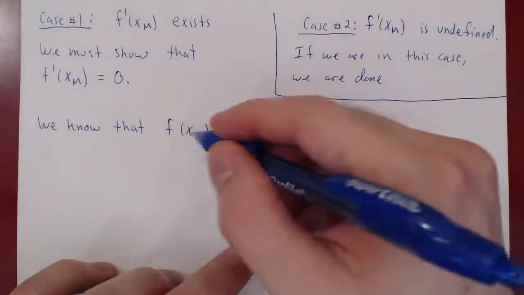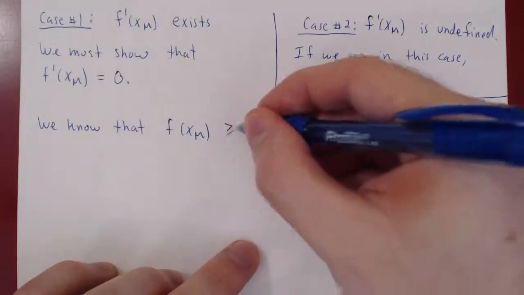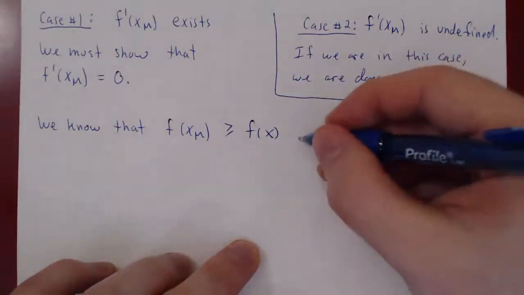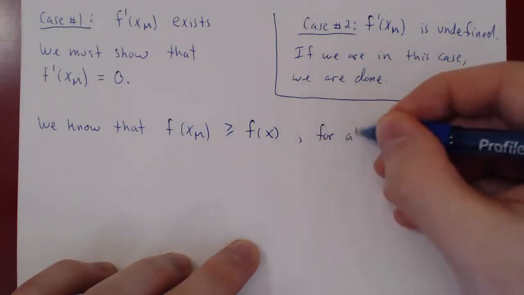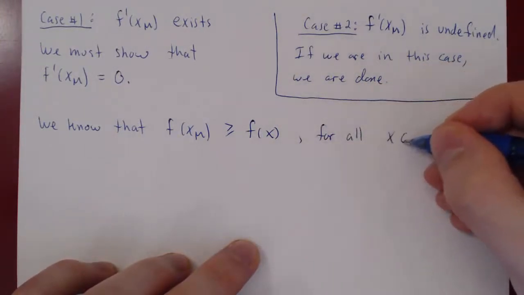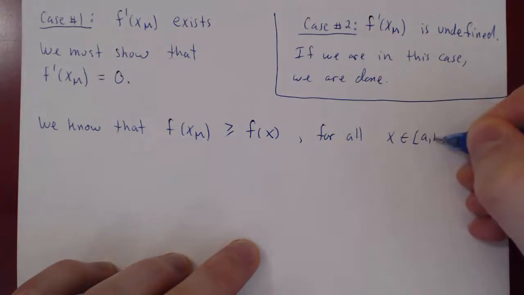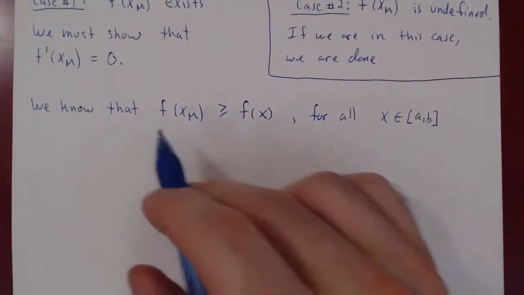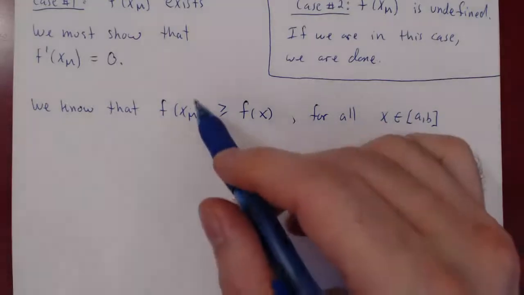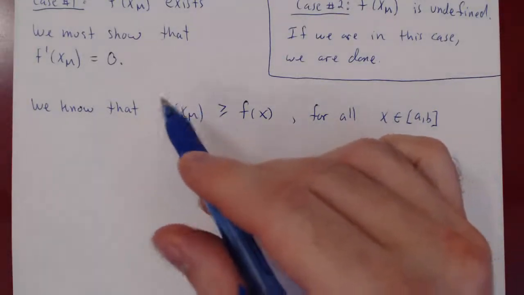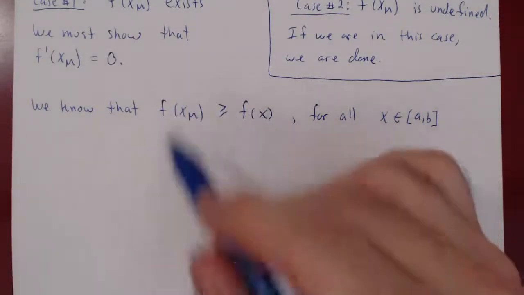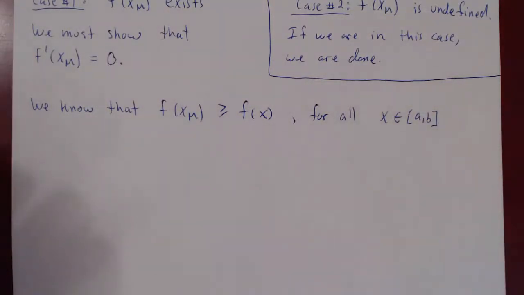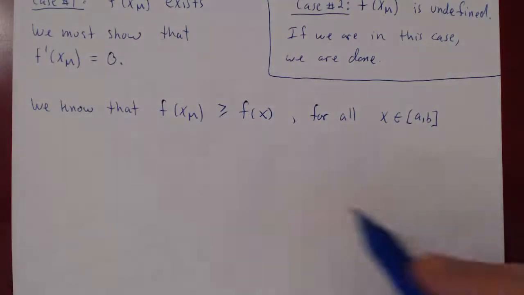So the value of the function at this point is at least as big as the value of the function at any other point inside the interval. So this is true, because xm is the absolute maximum, so at this point the function attains its largest possible value inside of the interval.